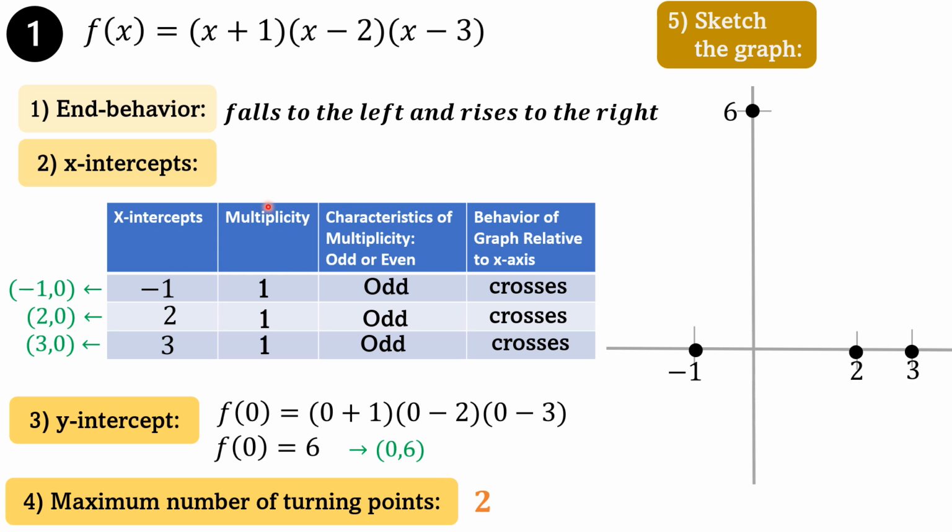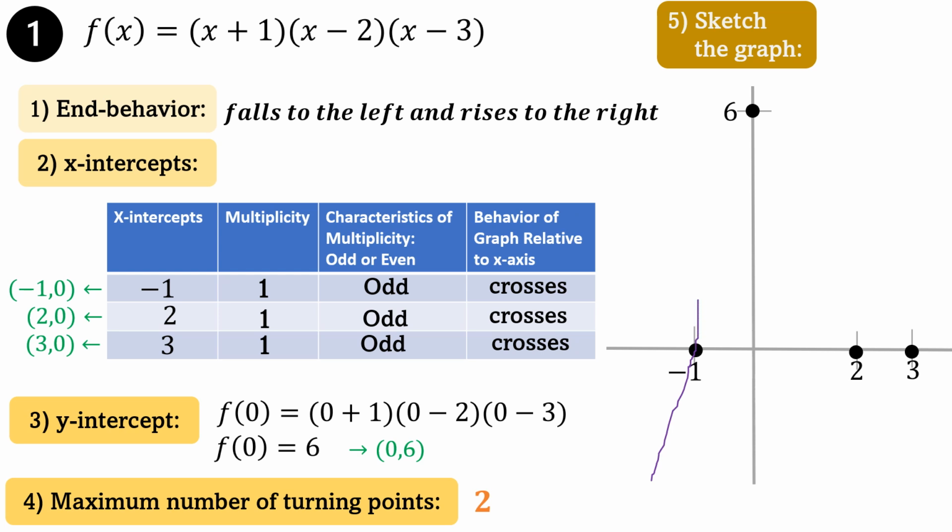Starting with the left end behavior, which falls to the left, then going up until it reaches (-1, 0), and the behavior of the graph relative to the x-axis is that it crosses it.